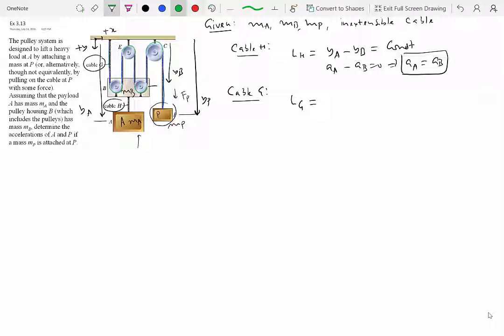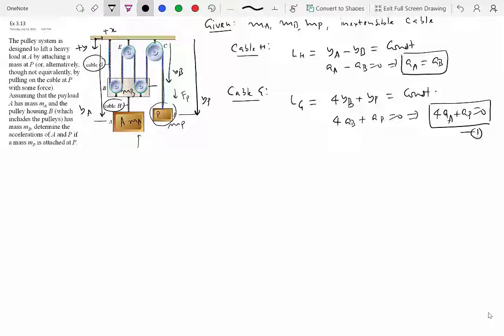So we have 4YB plus YP, and that's constant too. So I can differentiate it, and I will get this. And since AA is same as AB, I can write this as 4AA plus AP equal to 0. The reason I am doing that is because I'm not interested in acceleration of B, because the question is not asking for it, right?